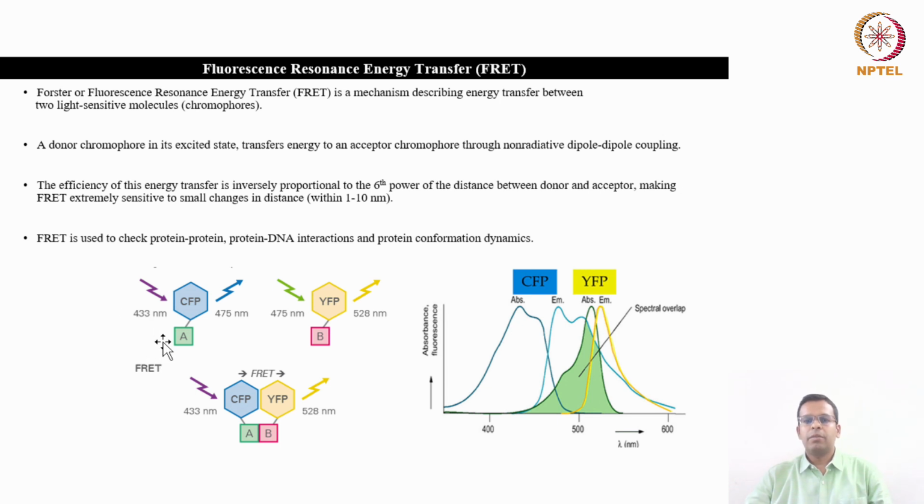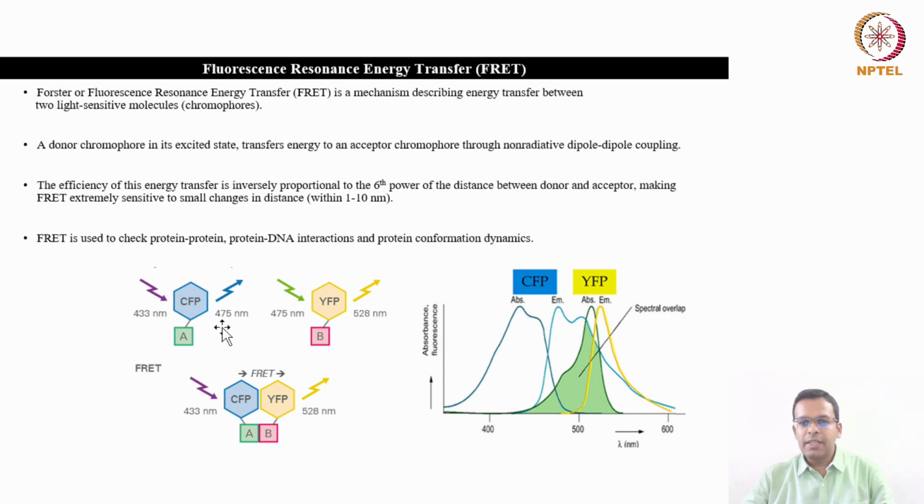Why? Because you see their excitation and emission wavelengths. For CFP, the excitation wavelength is 433 nanometers and the emission wavelength is 475 nanometers. For YFP, the excitation wavelength is 475 nanometers and the emission wavelength is 528 nanometers.